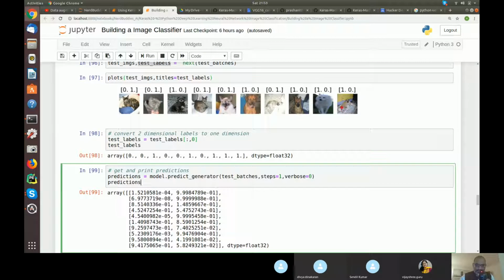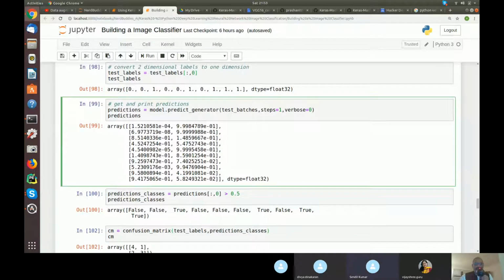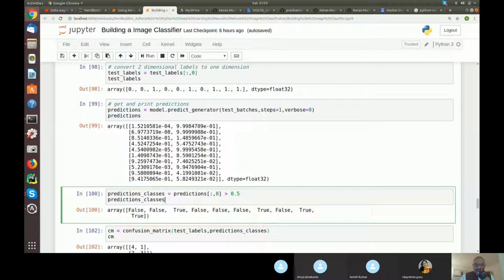We then get the predictions. So these are the scores. And then we convert them into ones and zeros by explicitly saying if you're above 0.5, then you're 1, otherwise you're 0.